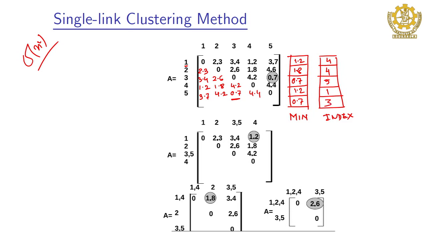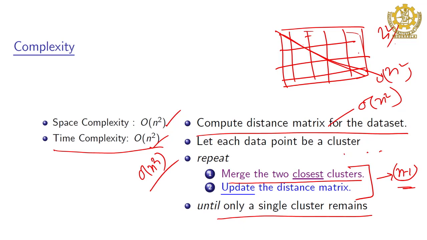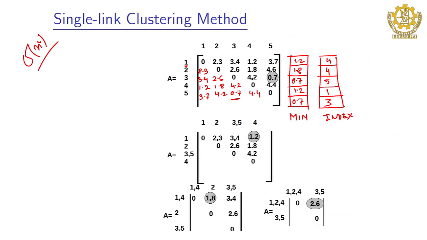Now, what is the algorithm we talked about earlier? That is the 2-step algorithm. We computed the distance matrix. Now, merge the two closest clusters. This is the step we have to find.